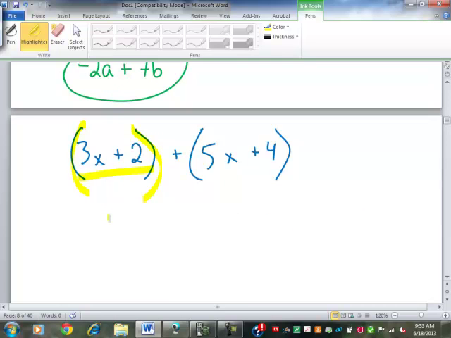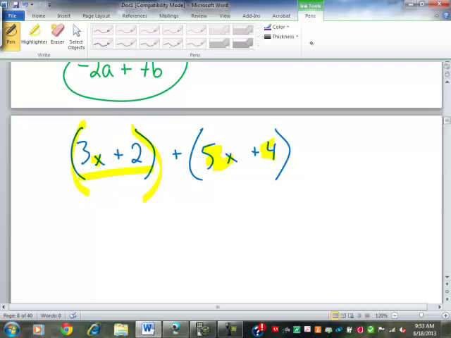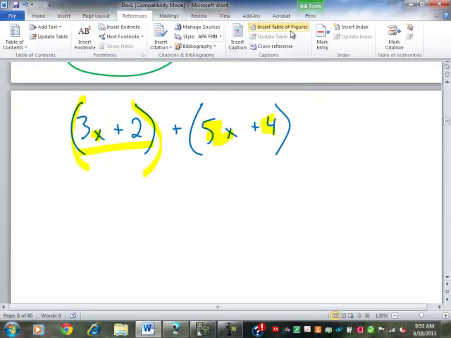It's a two-digit algebraic number. Instead of being 3 10s and 2 1s, it's 3 x's and 2 1s, plus 5 x's and 4 1s. Now, we've all been taught different methods for combining those, but really we can use the same rules we've used for whole numbers to combine these algebraic numbers here.